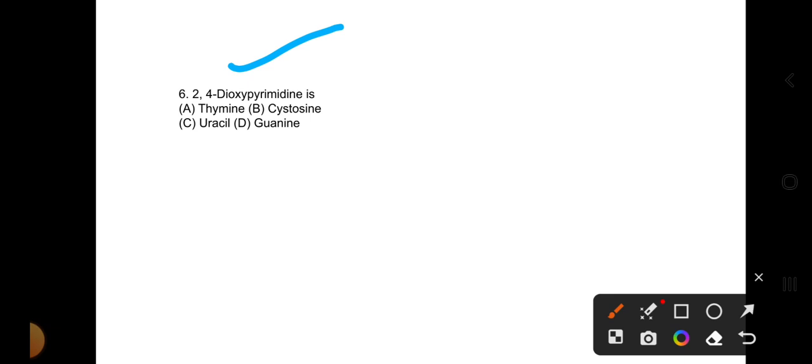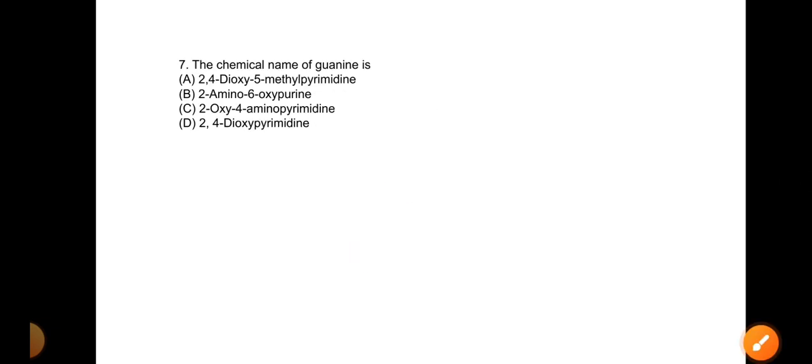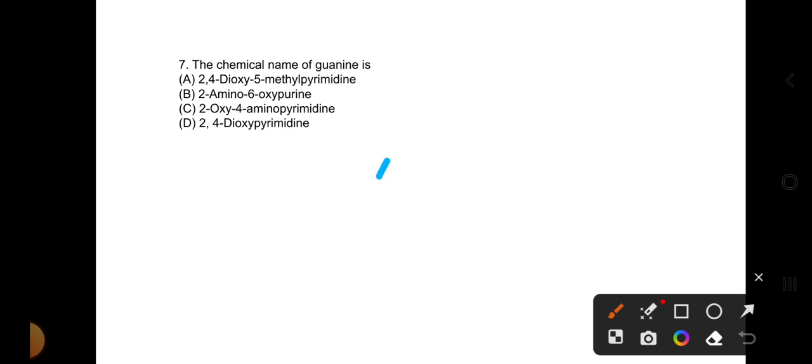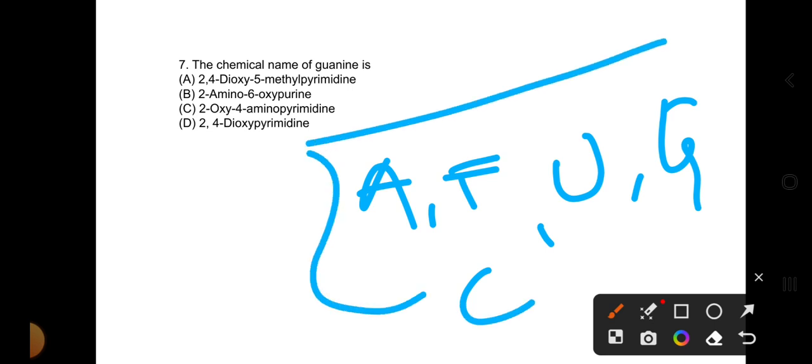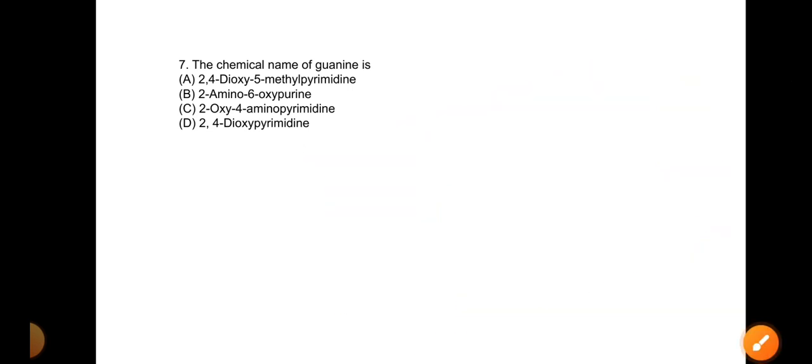Okay, so this name signifies which of the nitrogenous bases: thymine, cytosine, uracil or guanine. Write for yourself. Then seventh question, chemical name of guanine. You need to remember all of them, like all the chemical structures you have to remember.